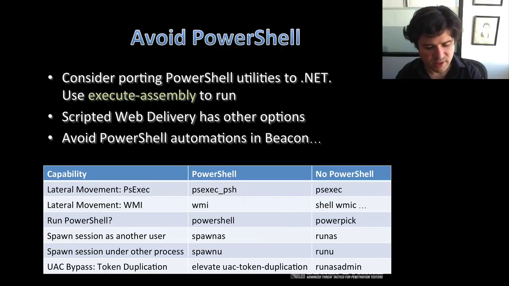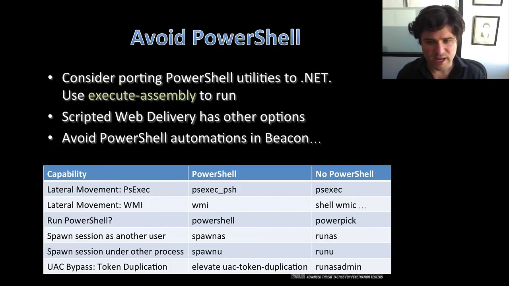It creates a service to run that executable. The executable runs and migrates, and then the psexec command in Beacon tears down that service and removes the executable. And that's how that works. So it's an option, something to be aware of.